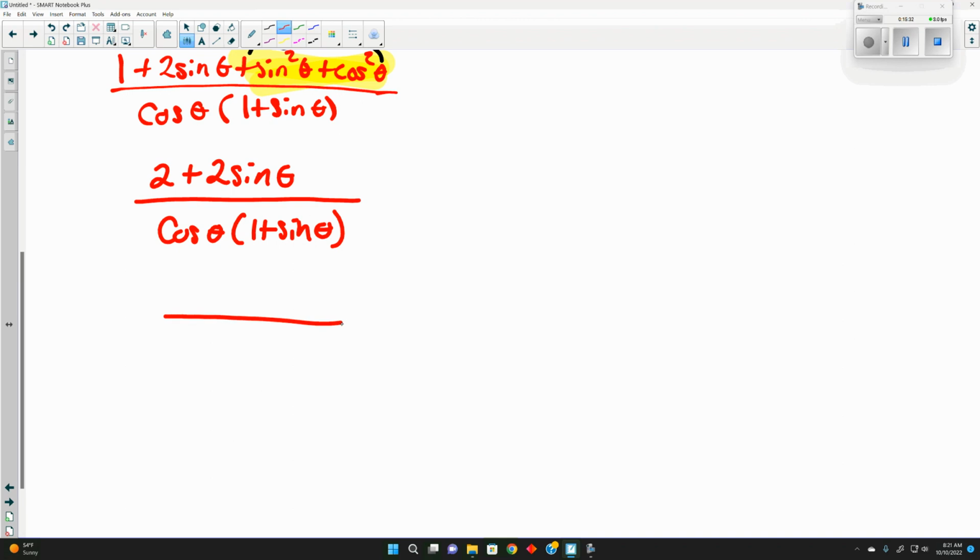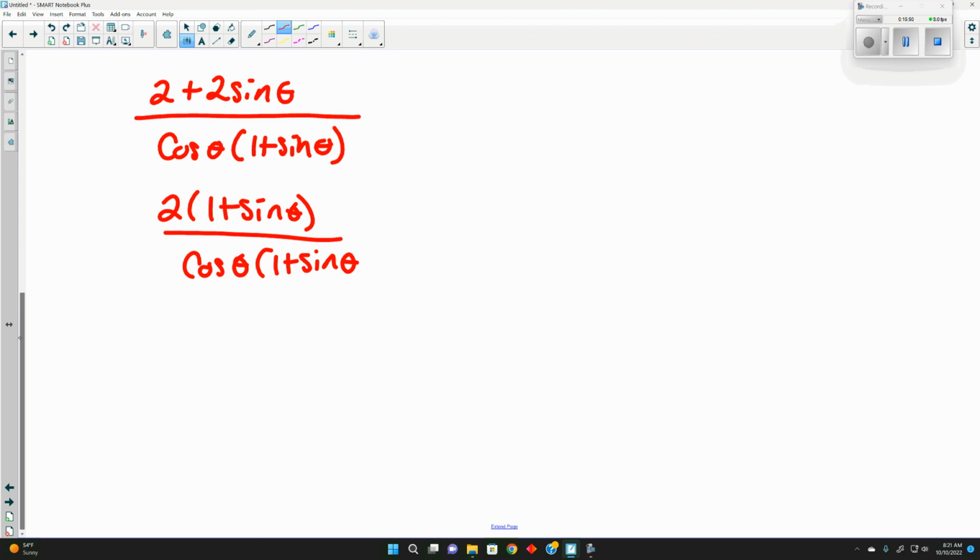Questions on this here so far? Do we have a greatest common factor on top? 2, yes? And when we factor that 2 out, we get 2 times (1 plus sine of theta) over cosine of theta times 1 plus sine of theta.